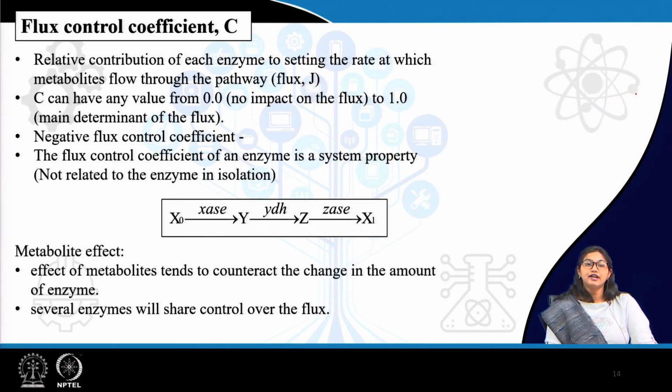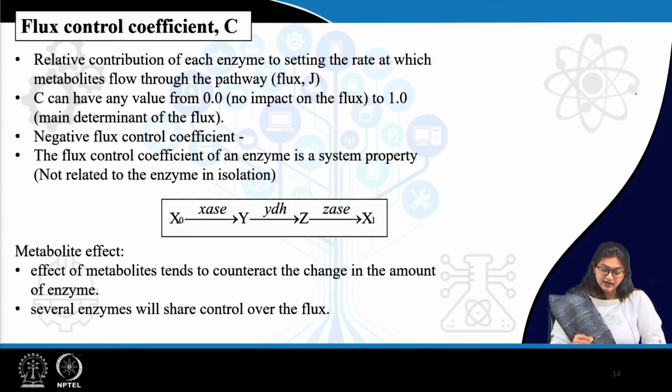Then there is the metabolite effect. Metabolites also tend to counteract the changes in the amount of the enzyme, and several enzymes in combination actually control the total flux.